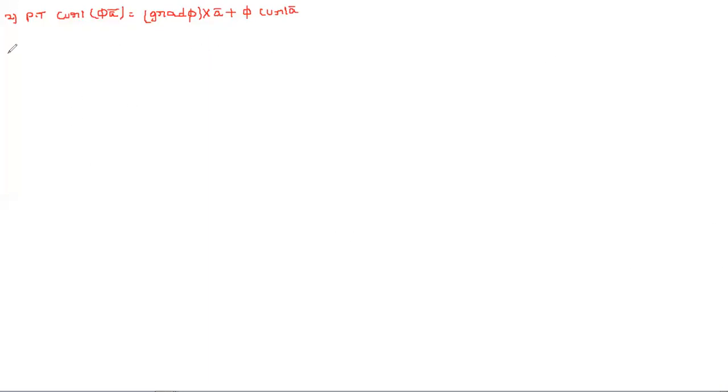Okay, so easily you can get it. Here we need to prove that curl of phi a bar is equal to that. In yesterday's class, we saw that divergence of phi a bar is equal to grad phi dot a bar plus phi into divergence of a bar. Here we are going to see the curl. I am taking the LHS: curl of phi a bar. Curl in symbolic notation is del cross, so del cross phi a bar.